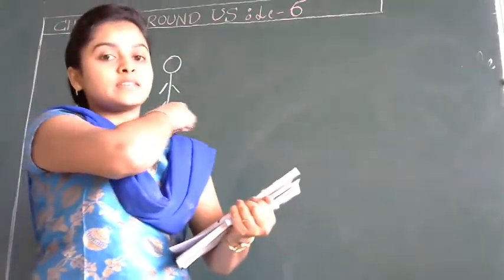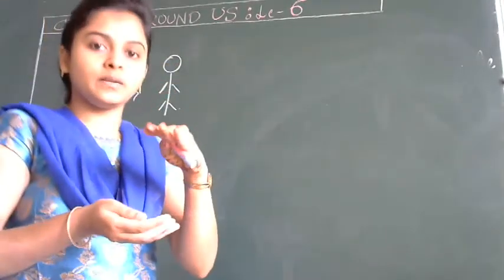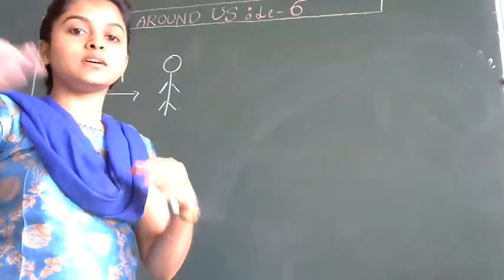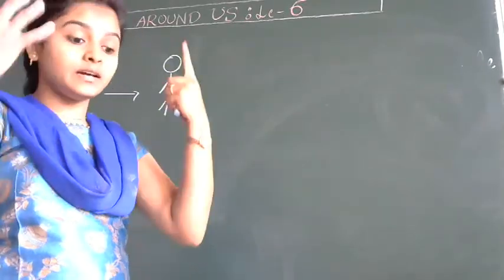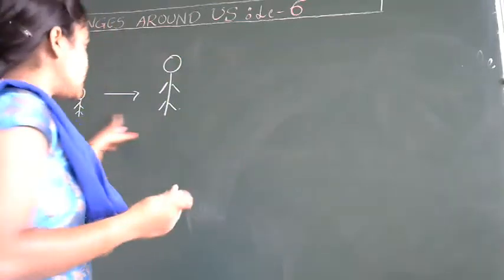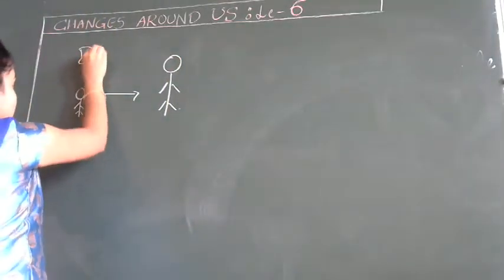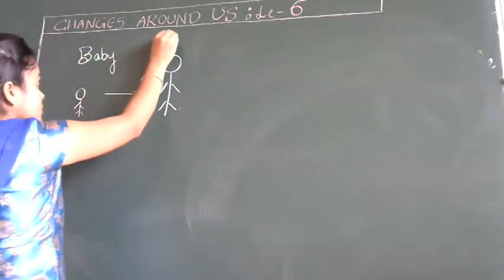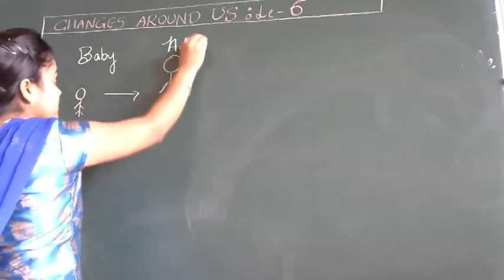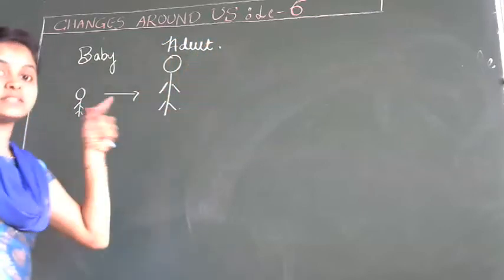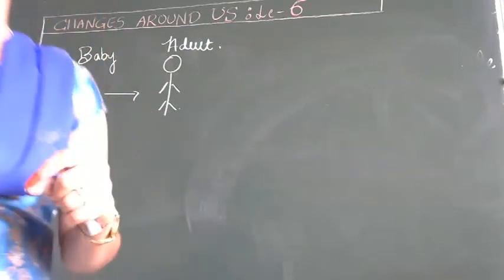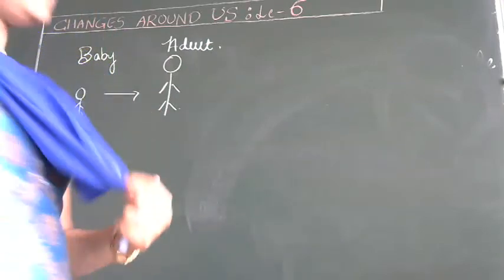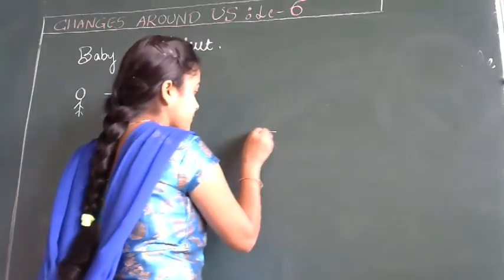How do you tell that there is a change? You can see that babies are so small. As time progresses, the body shape, the size, the weight, and the appearance also change. Yes, as it grows, it will become an adult. So you can see the change in human beings also.